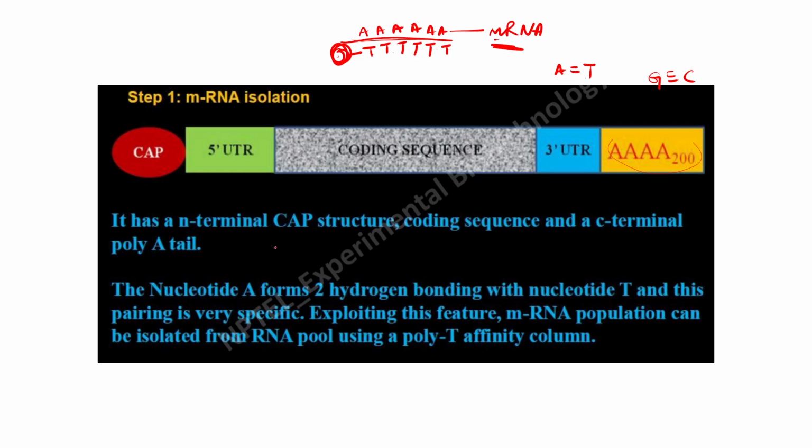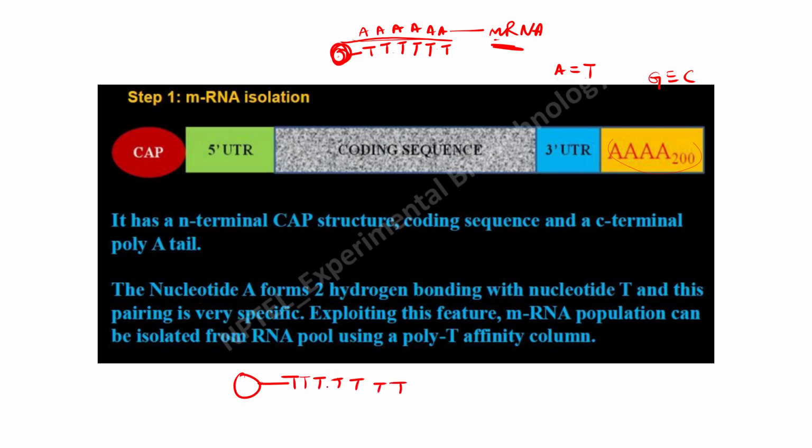Okay, so it has a 5' cap structure, coding sequence, and a poly A tail. This nucleotide A forms 2 hydrogen bonds with nucleotide T, and this pairing is very specific. Exploiting this feature, the mRNA population can be isolated from the RNA pool using the poly T affinity column. That affinity column basically has a resin bead having a poly T tail.